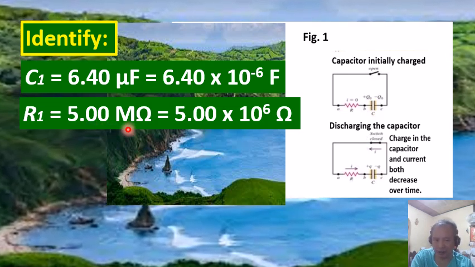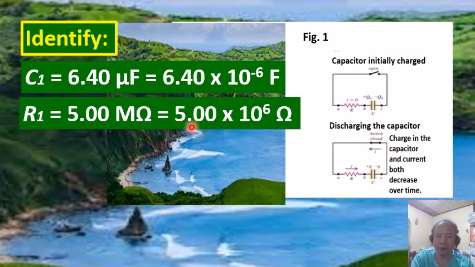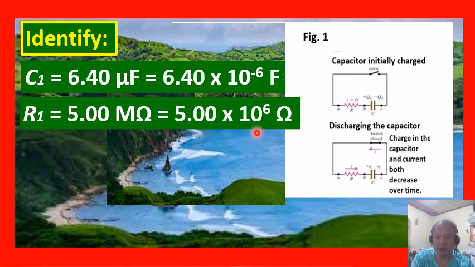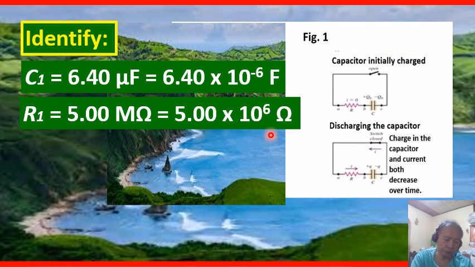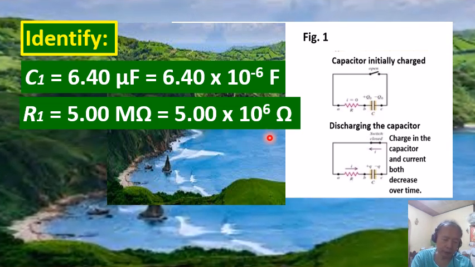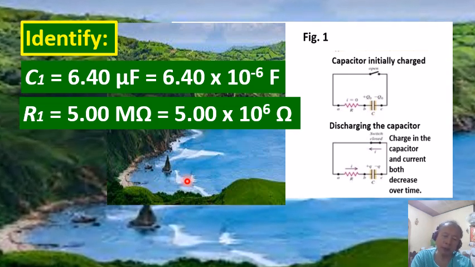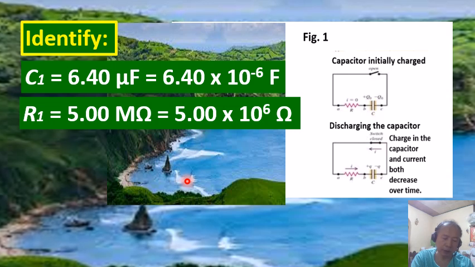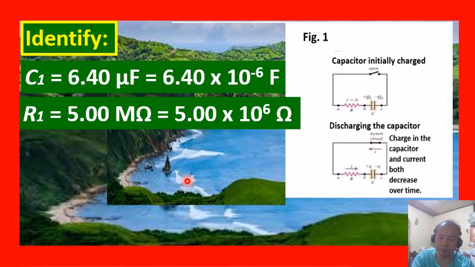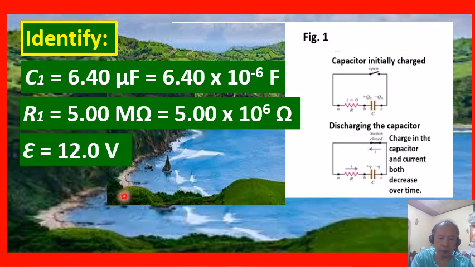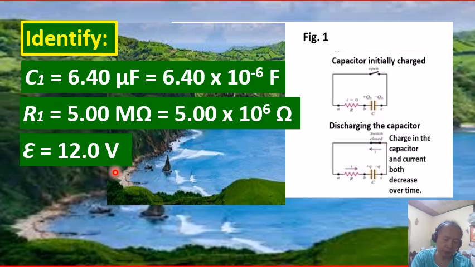With a resistance equal to 5.00 mega ohm, which is, of course, equivalent to 5.00 times 10 to the 6 power ohms. And the two components are also connected in series with a battery having an electromotive force or EMF equal to 12.0 volts, right?